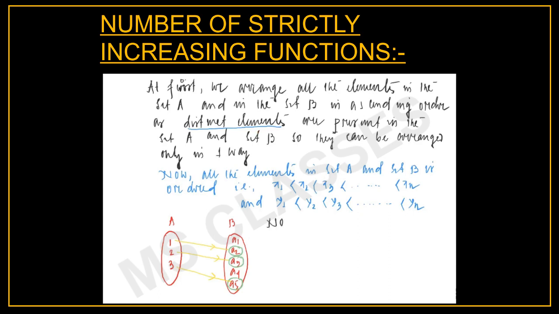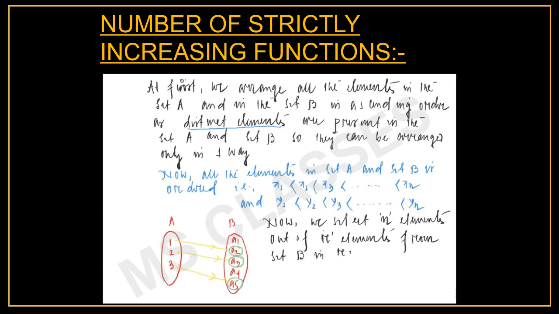Now we select n elements out of r elements from the set B in rCn ways, which can be mapped from A to B in one way.